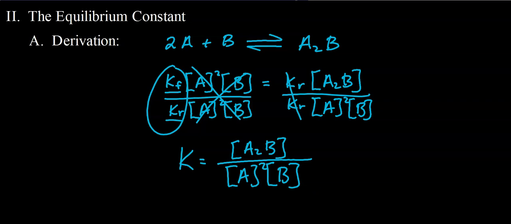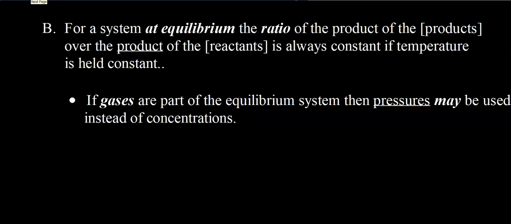Let's take a look at what it says next. For a system at equilibrium, the ratio of the product of the concentrations of the products over the product of the concentrations of the reactants is always constant if temperature is held constant. A little note: if gases are part of the equilibrium system, then pressures may be used instead of concentrations.